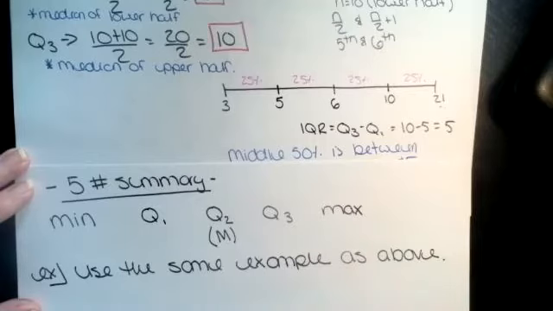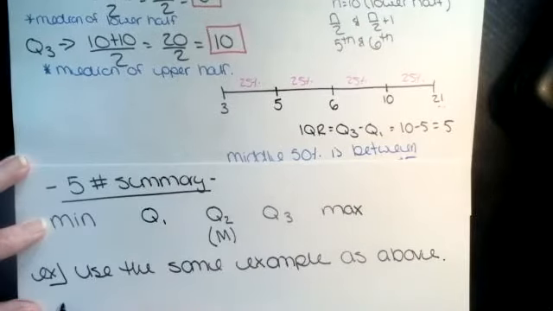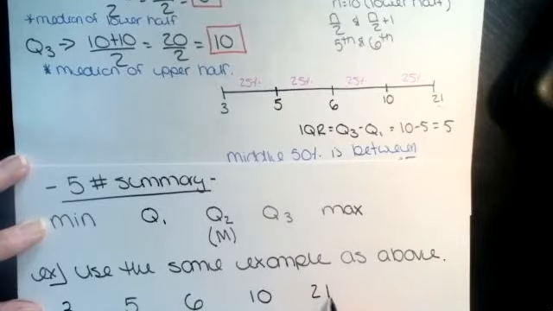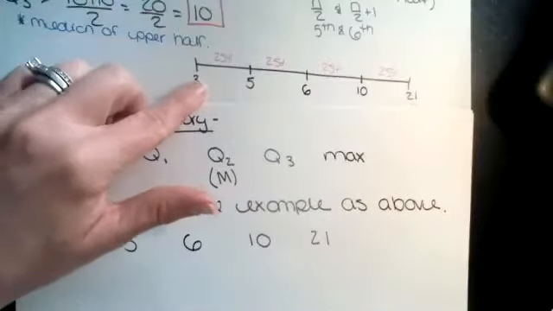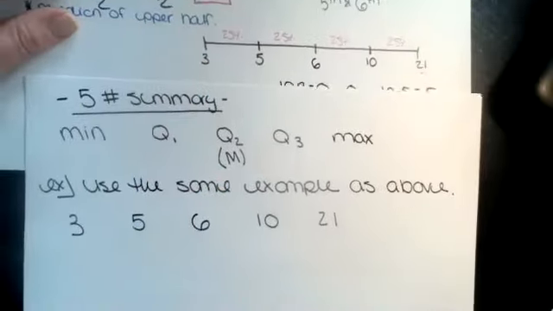Okay. So my min number is 3. Then my quartile 1 is 5. Median is 6. Quartile 3 is 10. And max is 21. So when I have my 5-number summary, it's the same thing as visualizing it in this way on the number line.